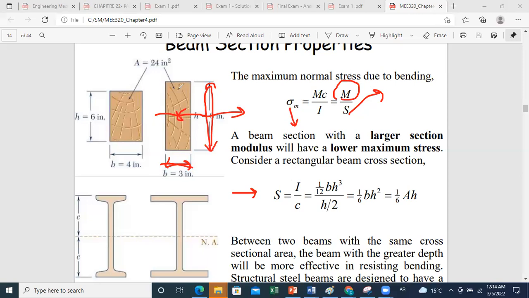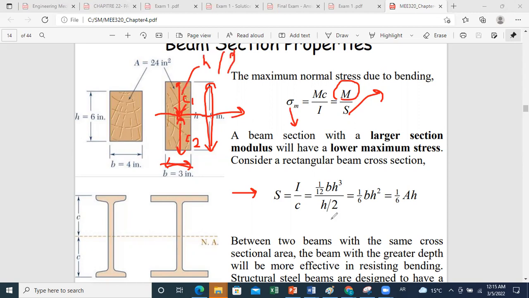And as we mentioned also, c is the farthest distance between the neutral axis and the cross section. Here c1 and c2 are equal. In some cases, they can be different, so you take the largest one between the two. So here, c is equal to h over 2.